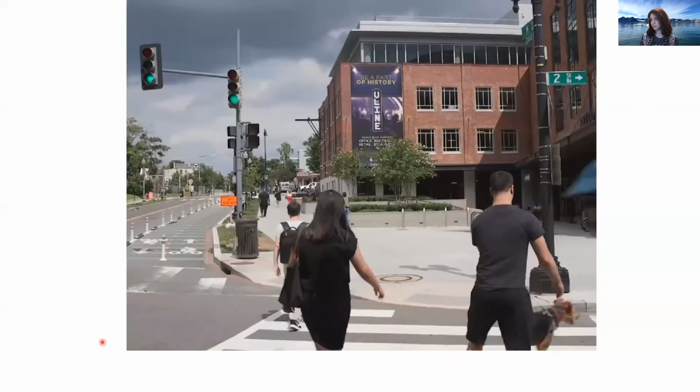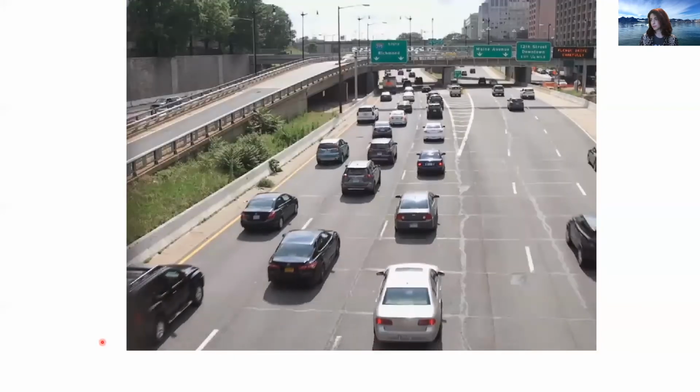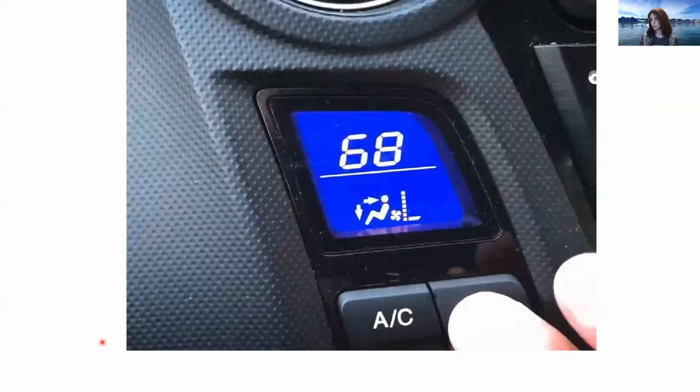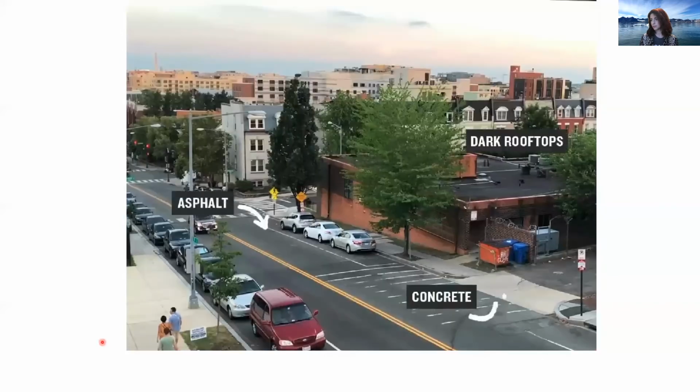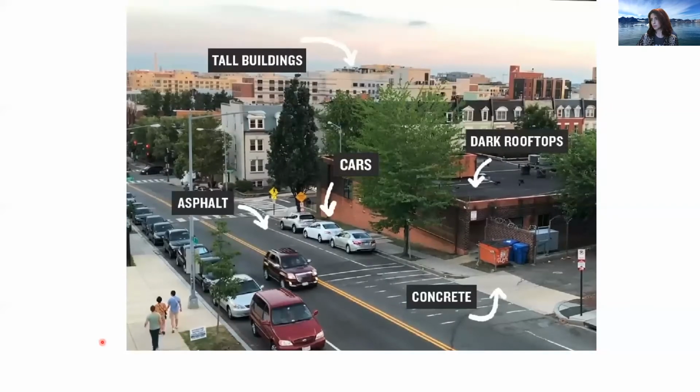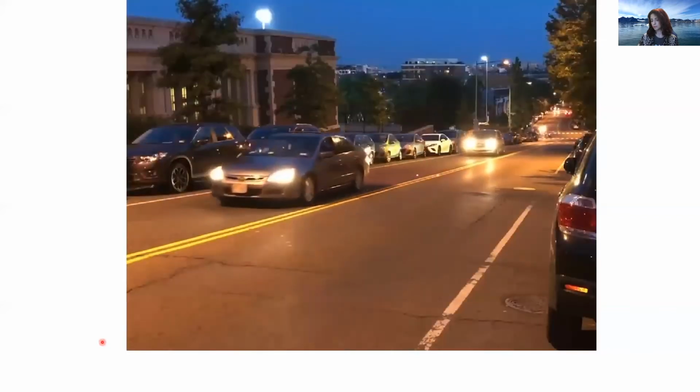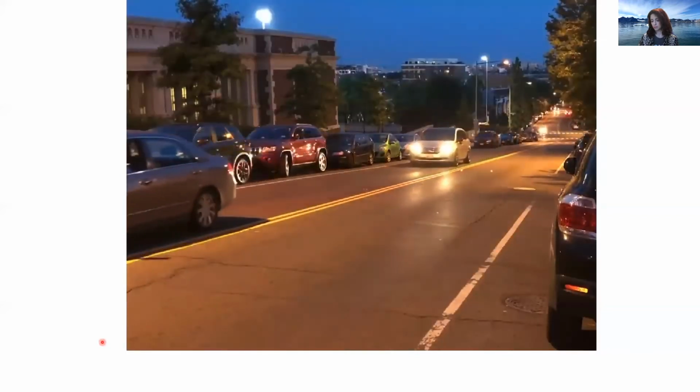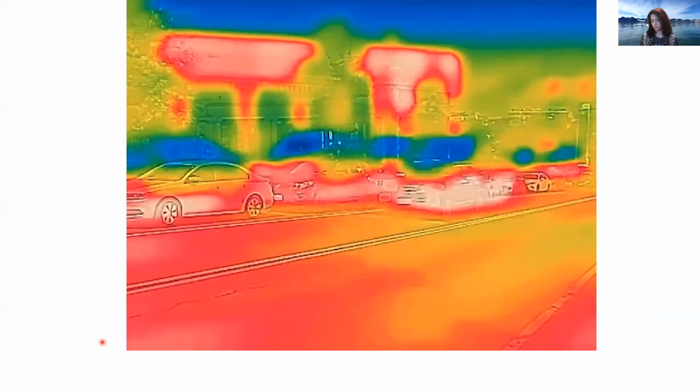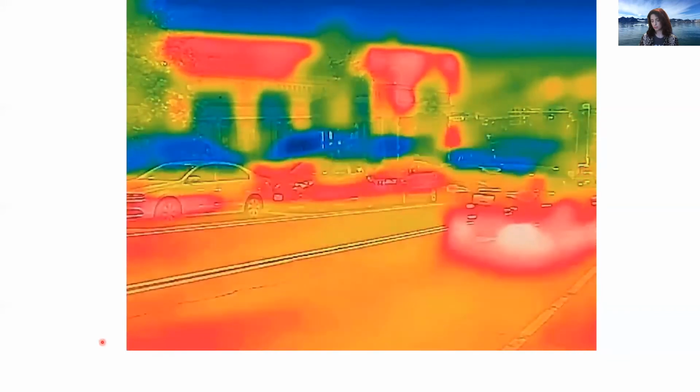And there are a lot of people using a lot of energy, driving cars, riding subways, running the AC. All of these materials and activities either create or retain heat.